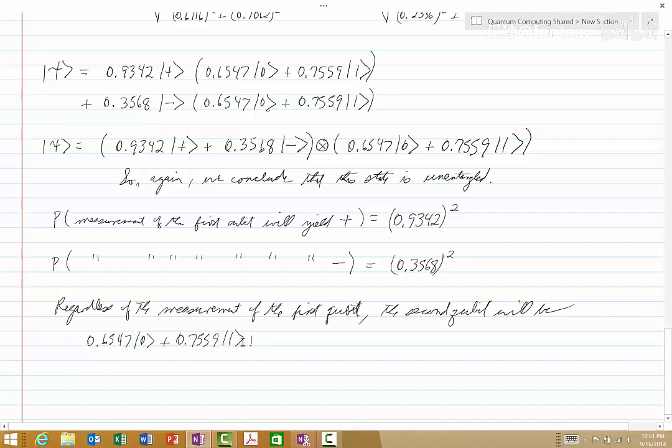The probability of getting 1 would be 0.7559 squared. And that statement is true regardless of what you get for the first qubit. So I hope that made good sense to you.